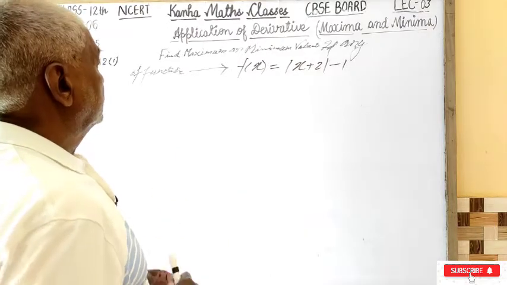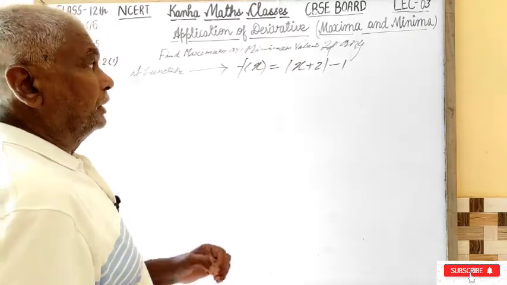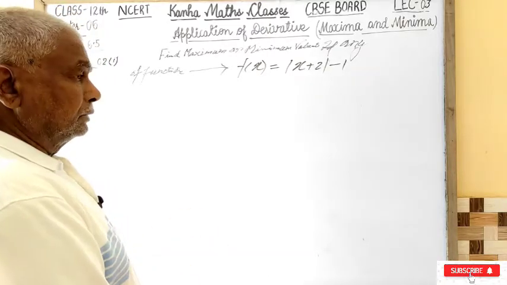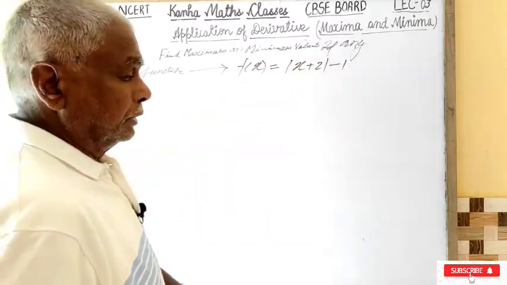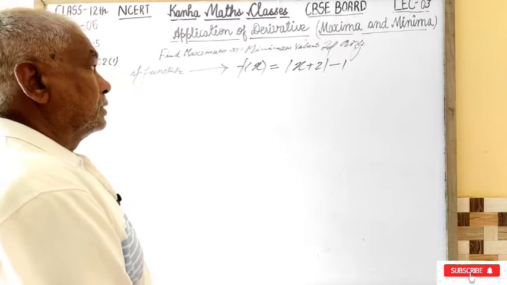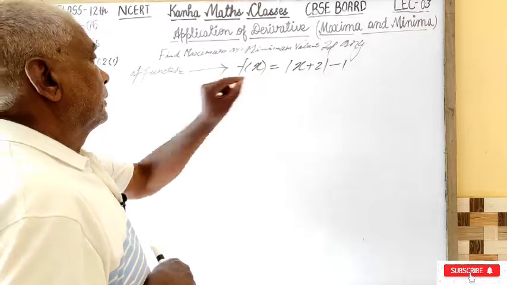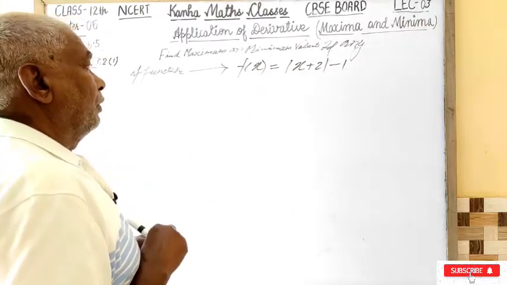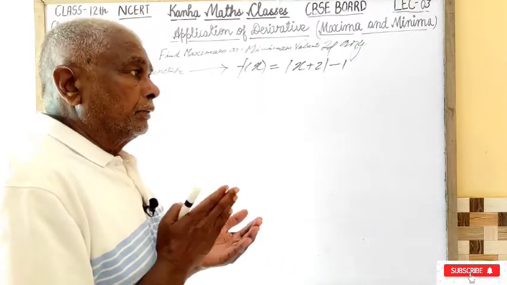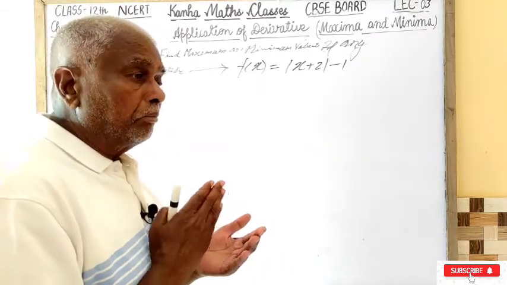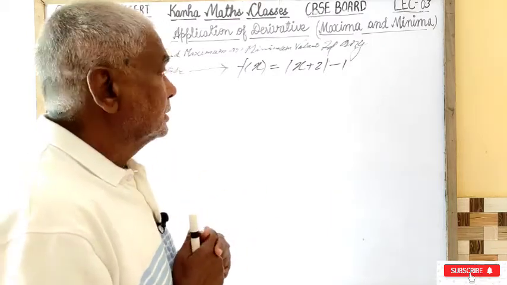In this problem, you have to find the maximum or minimum value, if any, of the function f(x) = |x + 2| - 1. You must check whether the function f(x) has any minimum or maximum value, if it exists or not.